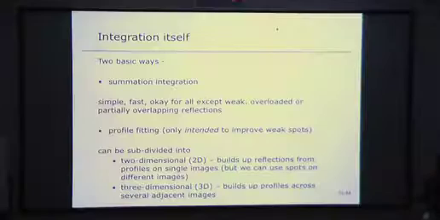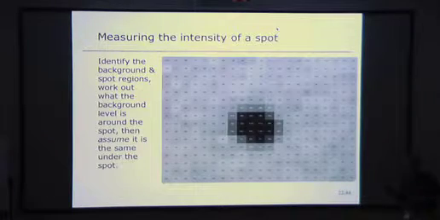And that may have advantages, it may not. Certainly in my experience, there's no real difference in the results you get from the 2 methods. But 3D integration may be more intuitively correct, if you like.